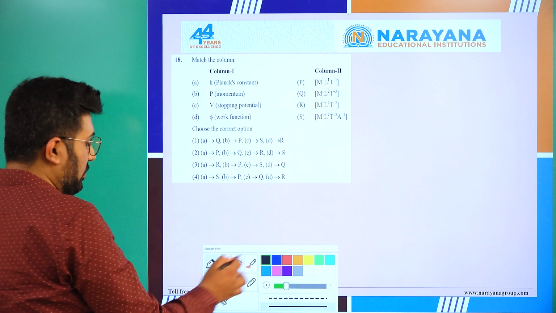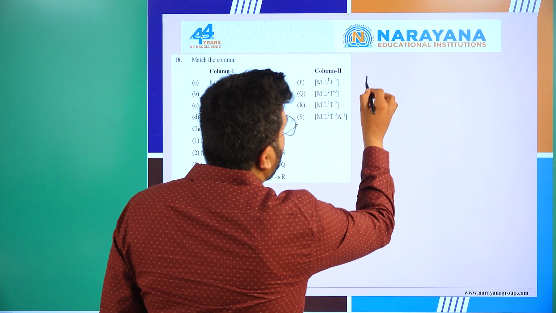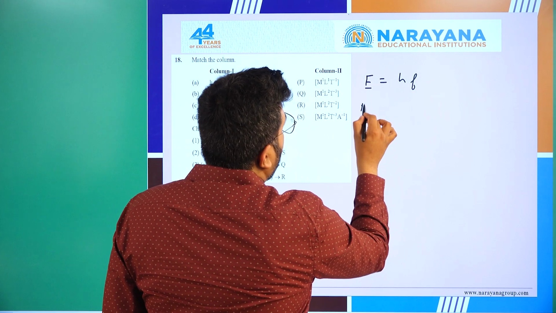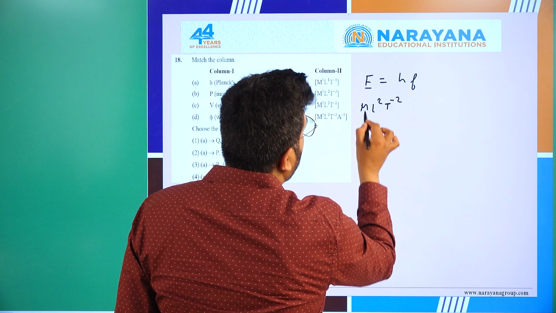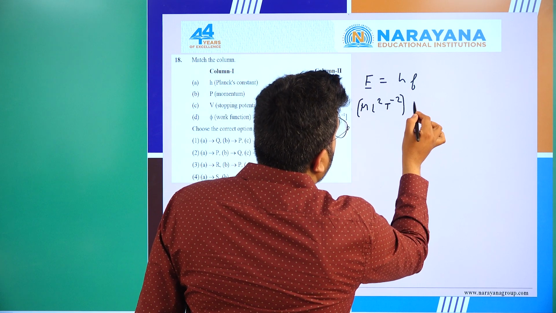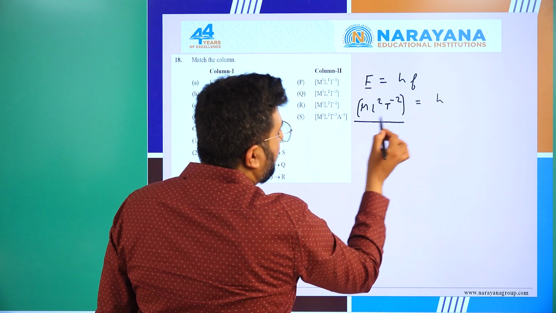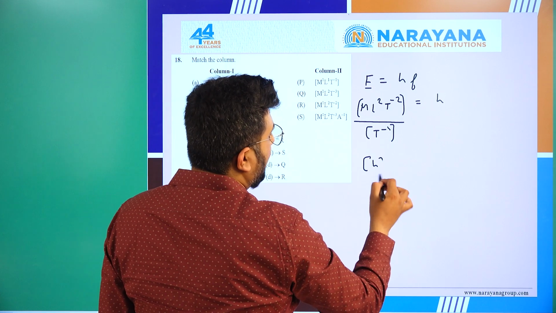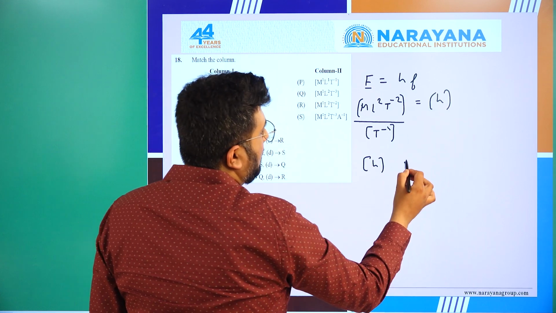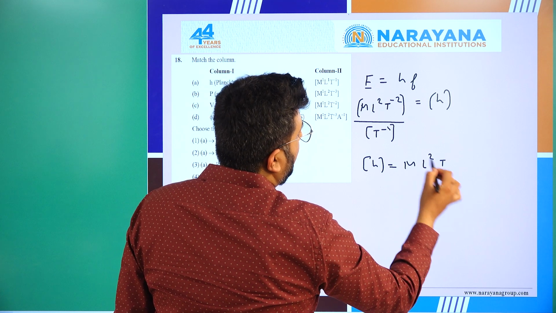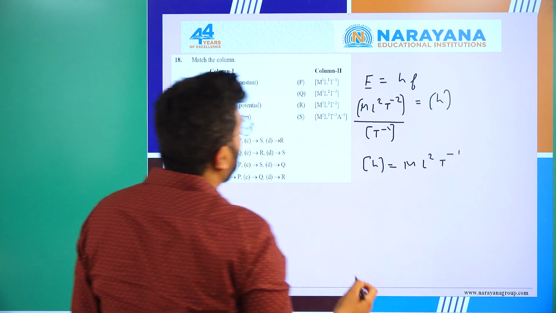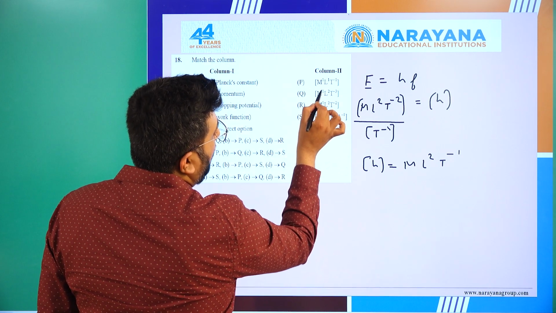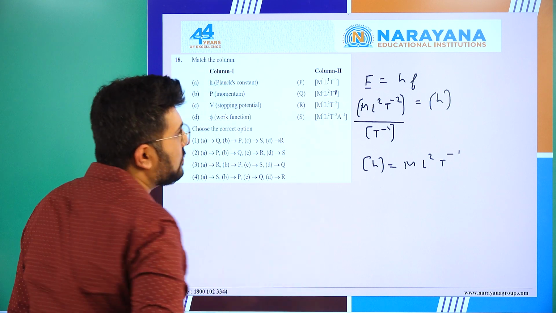So, E is ML square T minus 2 and the frequency dimension is T minus 1. So, what will be the dimension of H? The dimension of H will be ML square T minus 2 plus 1 becomes T minus 1. Okay. So, here the answer is a printed mistake, M1 L2, and this will be T minus 1.